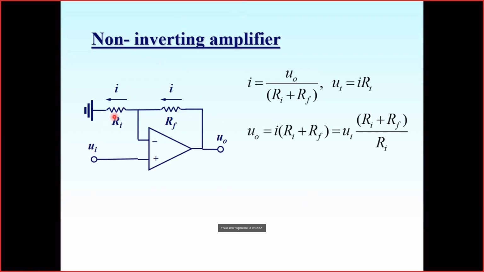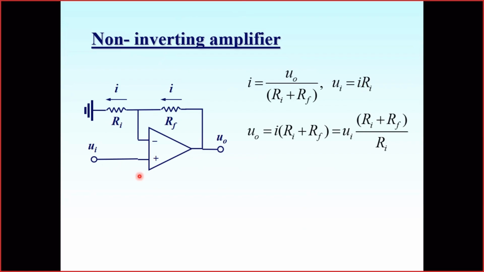On the other hand, looking just at the resistor Ri, this current I flows through the chain, and through the resistor Ri, so I may calculate the voltage drop over Ri. It will be just I times Ri, the current times the resistance of this resistor. I know that from one side the voltage is 0, so from the other side the voltage should be equal to this voltage drop, I times Ri.